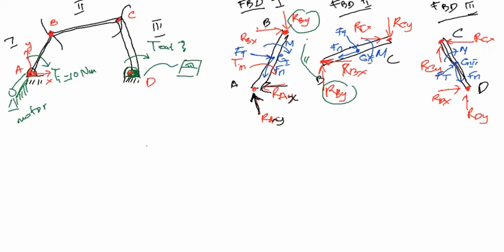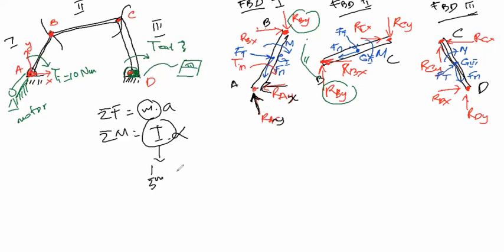So the mass for each link will be given. Otherwise, you cannot calculate sigma F equal to m times A. Here you will need mass. And sigma M equal to I times alpha. Finding this, you will also need m, like 1/3 m times L squared, and so on.